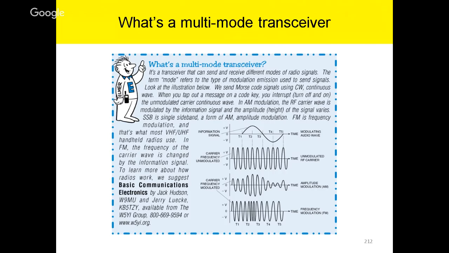But if you put that audio signal in the top portion here, and applied it to this dead carrier, you then modulate, and you'd have what's called an AM signal or an amplitude modulated signal. And you can see that in this third diagram, as a person talks, the amplitude of the signal varies. So there's highs and lows, and it rises and falls.